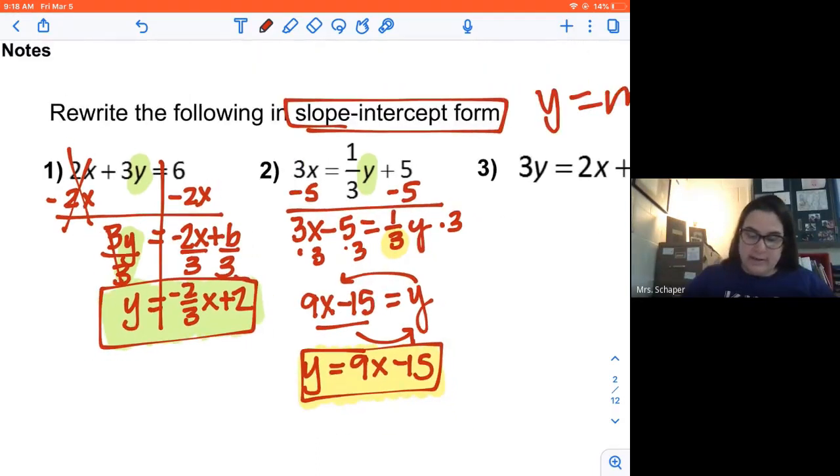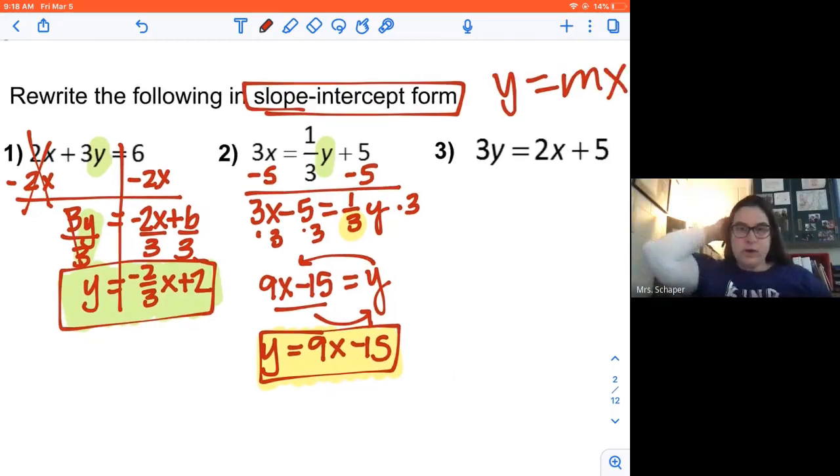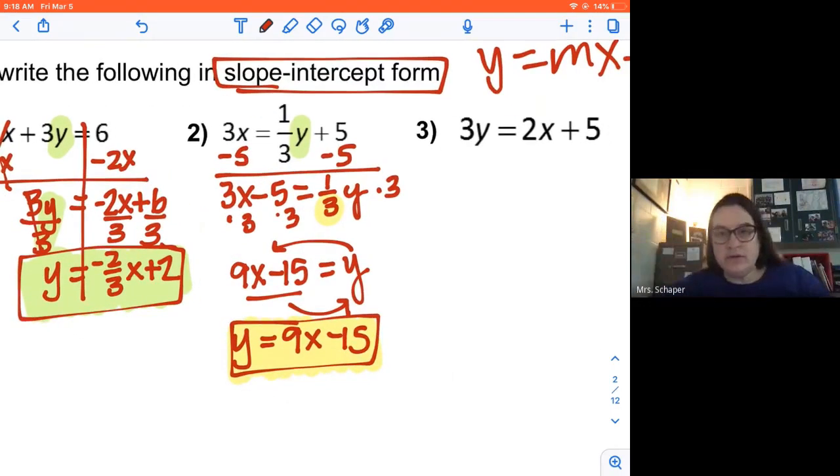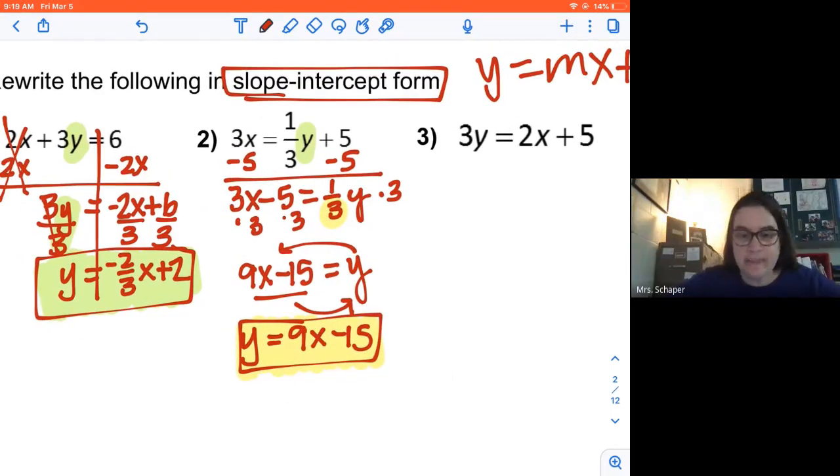All right, let's look at number 3. All right, so 3y equals 2x plus 5. It kind of looks like I have y by itself already. The nice thing is I have everything else on the other side of the equal sign, so it's going to make it fewer steps for me.